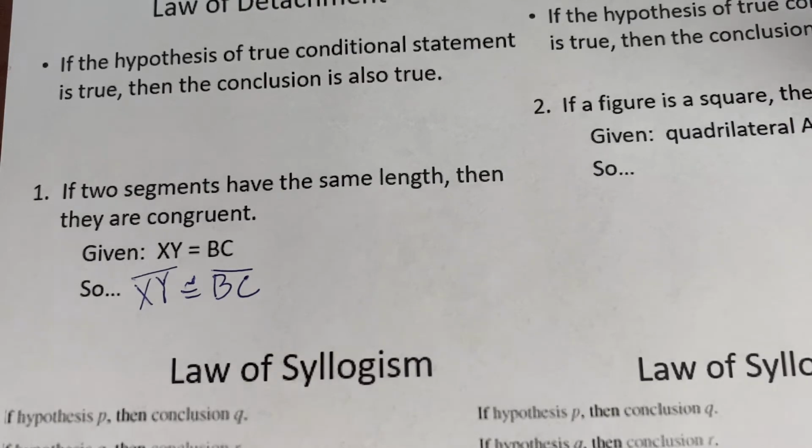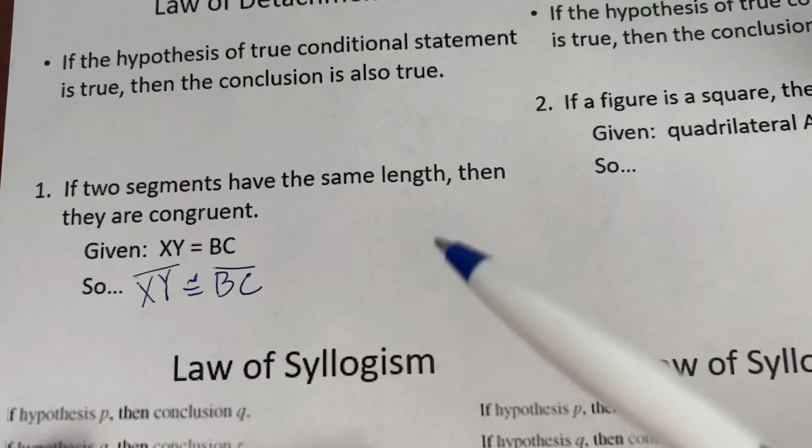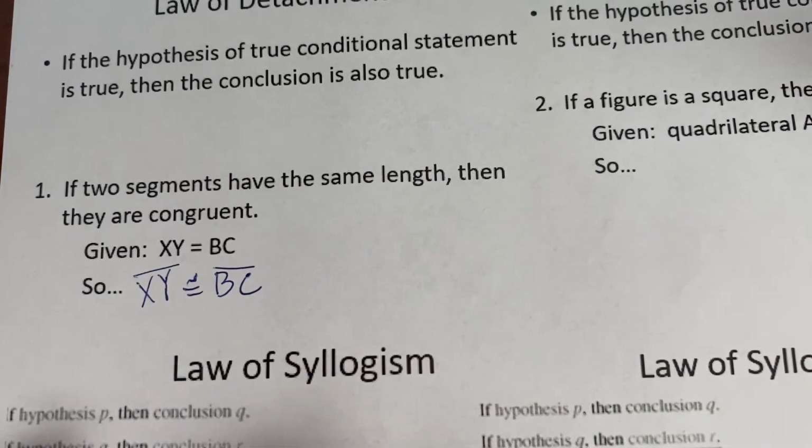Oh, if it is Tuesday, Miss Garner eats tacos. That's a good example. If it is Tuesday, then Miss Garner eats tacos. I'm telling you, it is Tuesday. So what do you know? Miss Garner's gonna eat tacos. If it's true though, sometimes we'll get into conditional statements that are not true, and that won't work. The law of detachment just means if they're separated, it's still true.